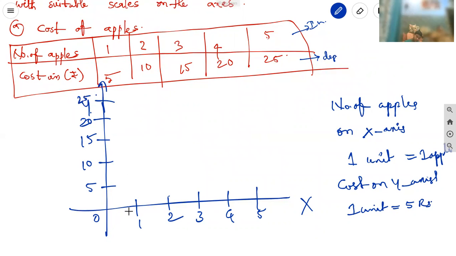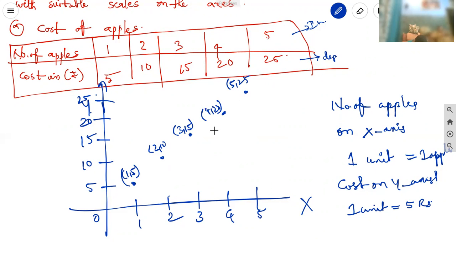And plot the points 1, 5; 2, 10; 3, 15; 4, 20; 5, 25.